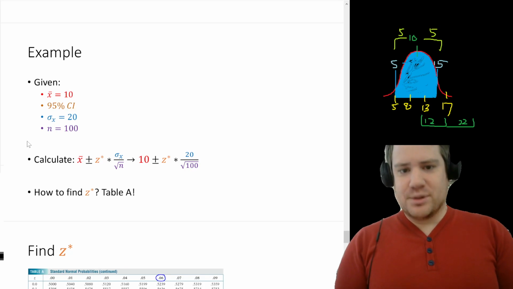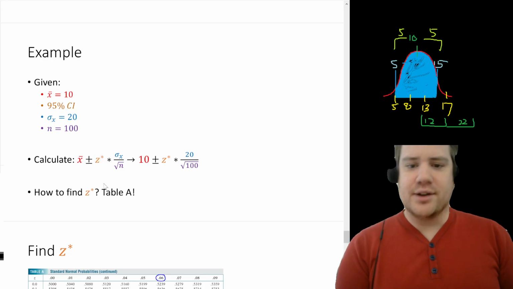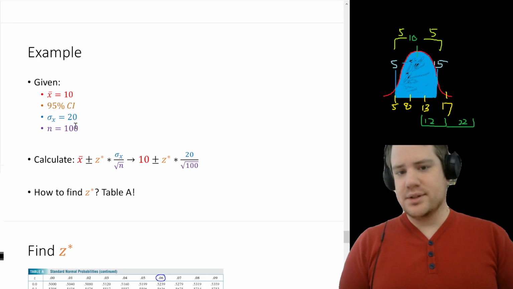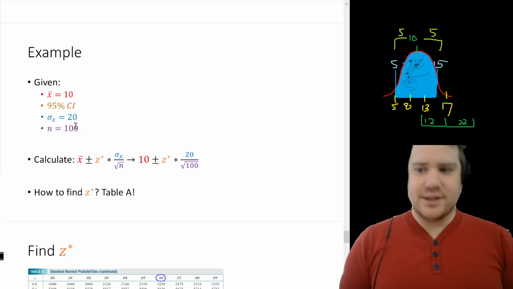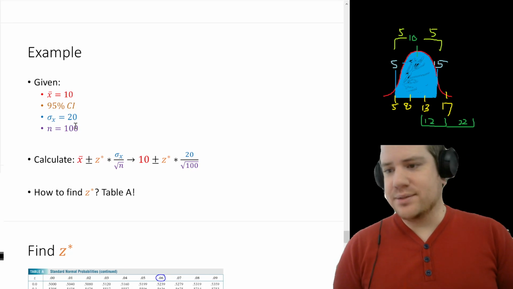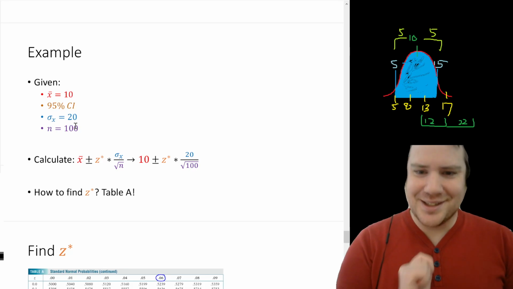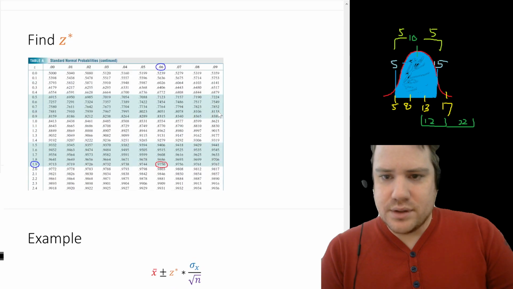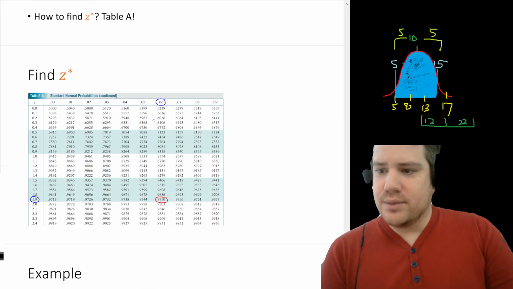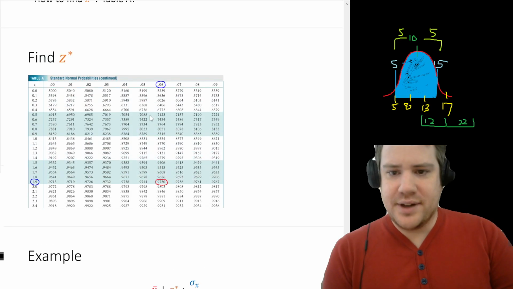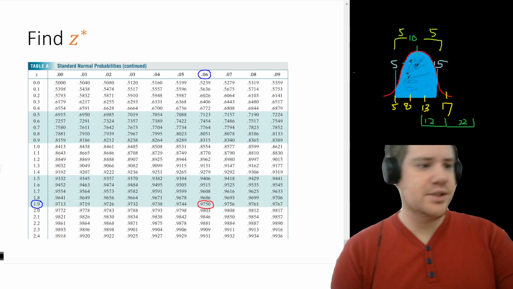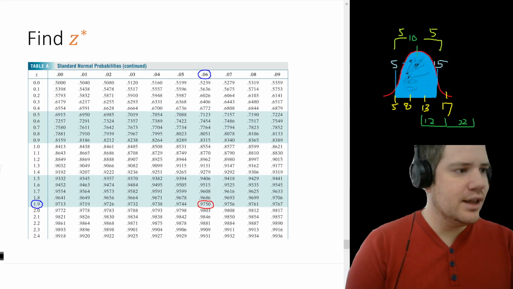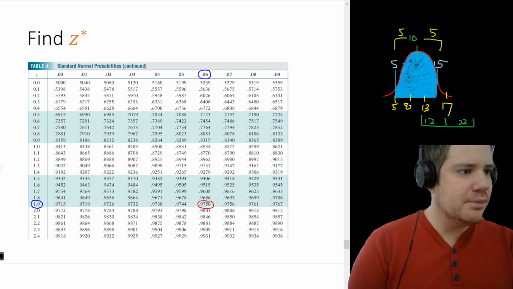The only thing that's not provided directly is usually the z star, because we are told we want a 95% confidence interval, but usually you will have to look up the z star yourself using a table. Now, when you have a 95% confidence interval, it's important to remember that it's about the middle.